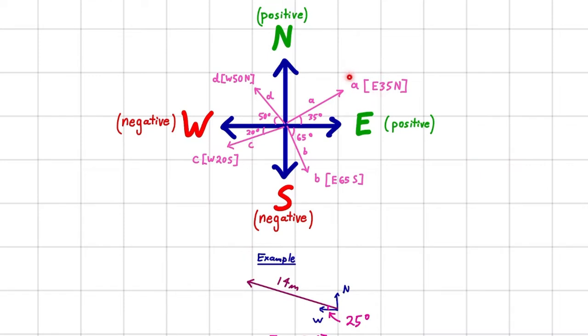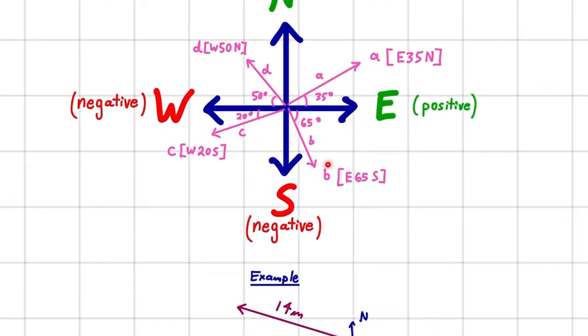So here we have a vector with a magnitude of A and a direction of east 35 north. So we go east and then 35 degrees to the north. And similarly with vector B down here, a magnitude of B, so that's the length of the vector, and then the direction of east, 65 south.